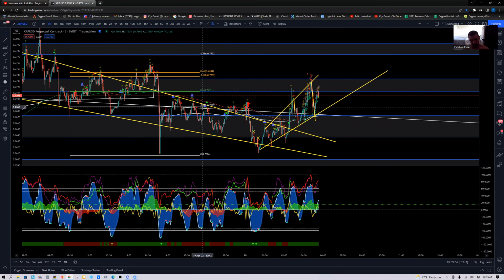This looks just like this in a way, just in the downward movement. And look what happened. It went back up close to the top and shot way back down. So this could do the same thing, shoot way back down towards the VWAP and the bottom support. Then it would be amazing buys down here.